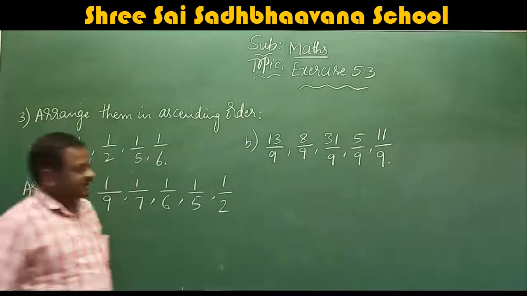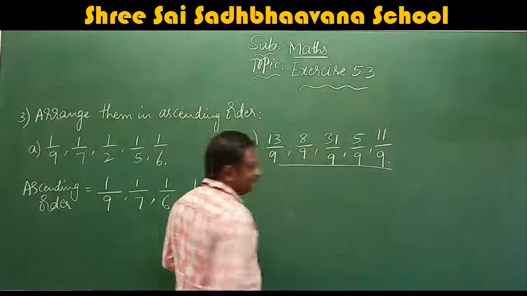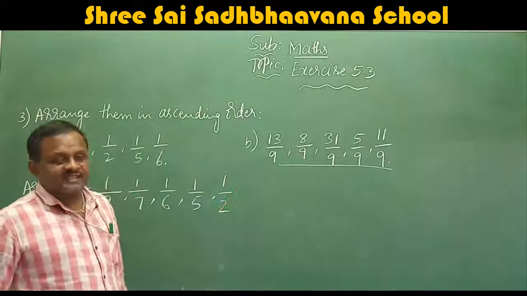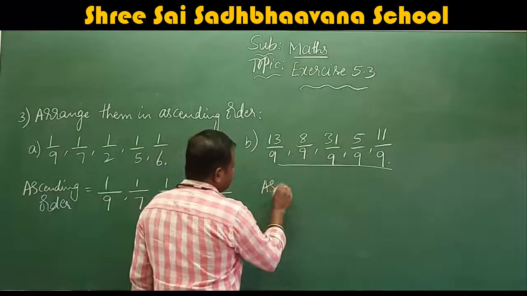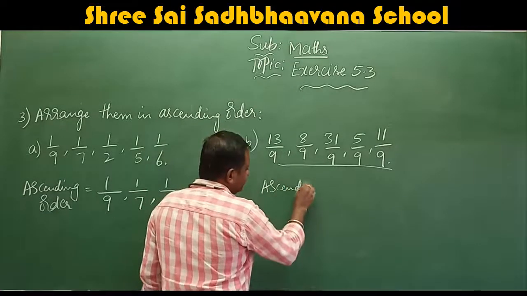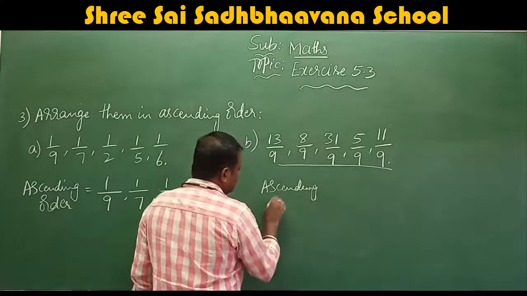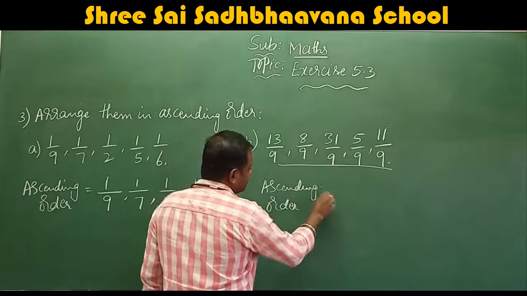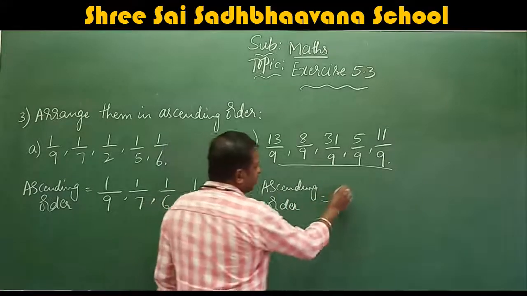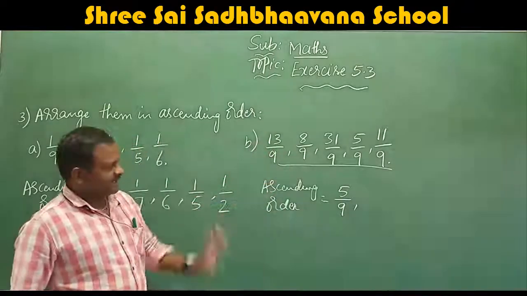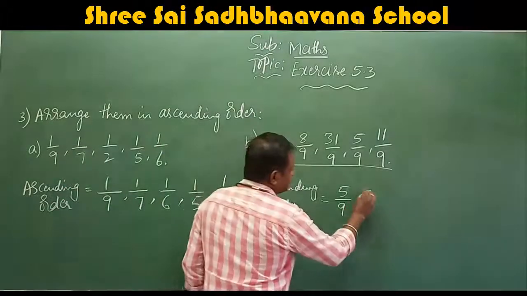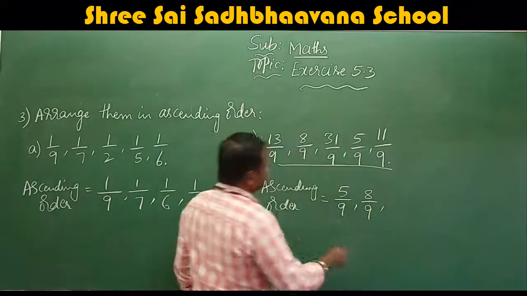Okay, next here, the denominators are same. So, simply ascending order. What I have to do is write the smaller one first, 5 by 9. Second one is 8 by 9.